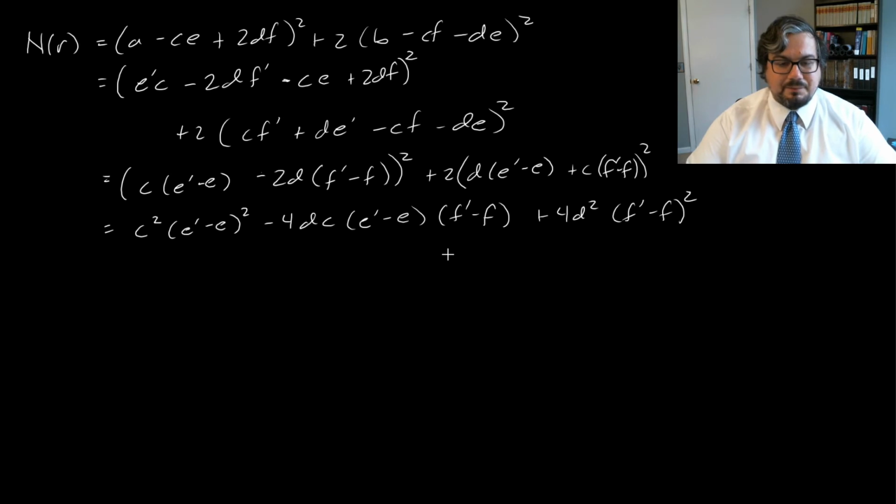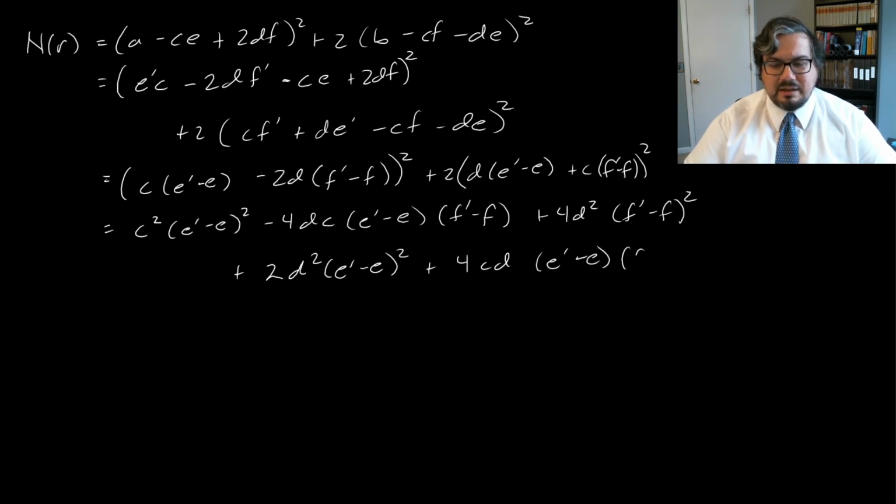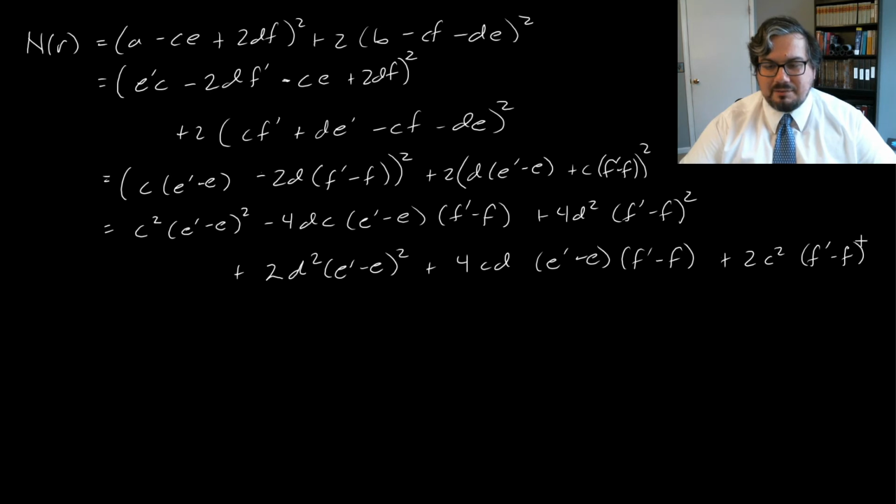Plus, expanding out the second term, we'll have 2d squared times e prime minus e squared plus 4cd times e prime minus e times f prime minus f, and then plus 2c squared times f prime minus f squared.